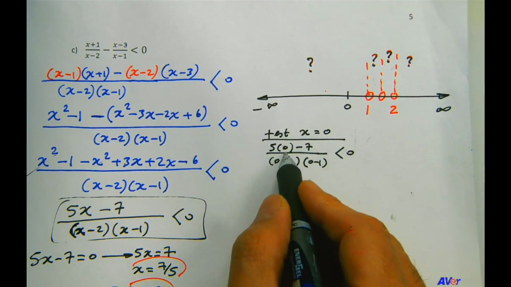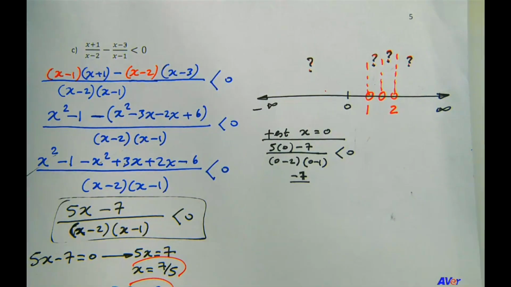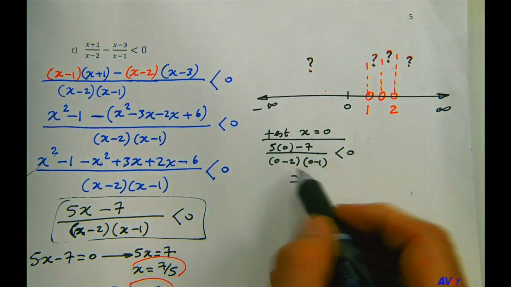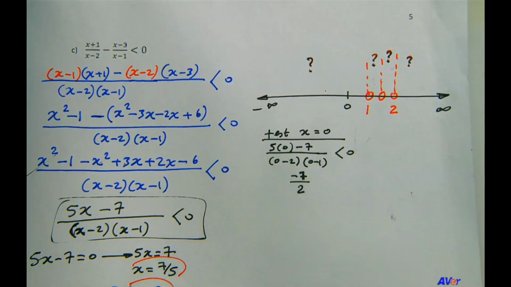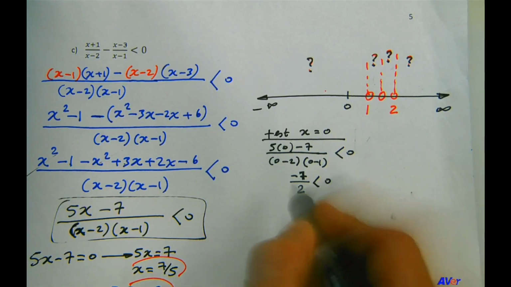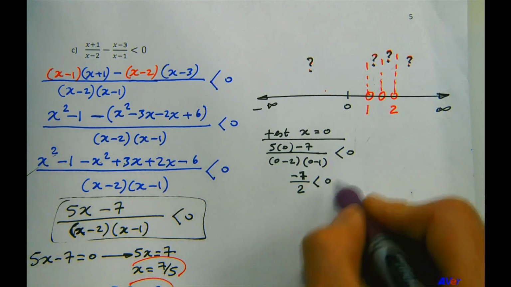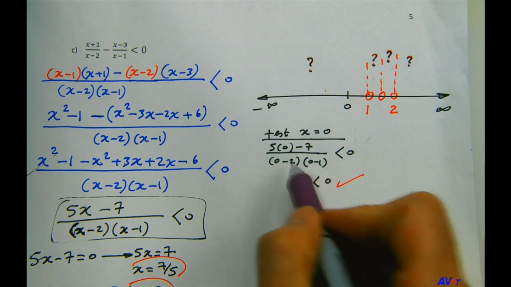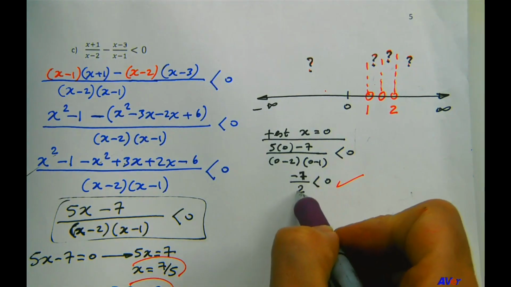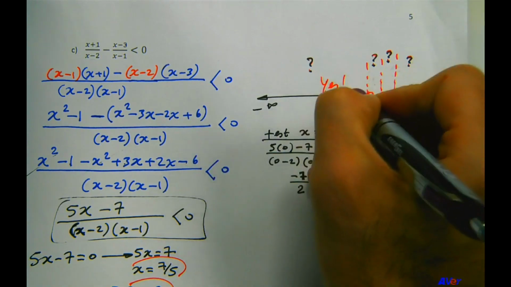Then we have 0 minus 7 divided by minus 2 times minus 1, that's positive 2, less than 0. Is this a valid result? Yes. This is, in fact, a valid result because minus 2 times minus 1 is positive 2. So minus 7 over 2 is a negative number. So yes, in that region, it checked out.